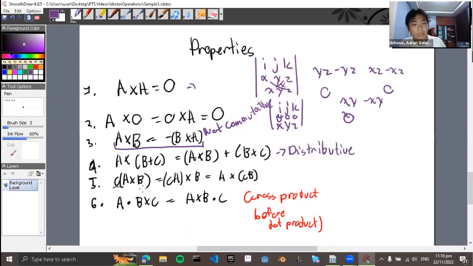You can also move around the scalar to group it inside of the different vectors. And finally, ito medyo special siya. A dot B cross C is equals to A cross B dot C. So when working with cross product and dot products, always do cross product before the dot product. Yeah, the cross product takes priority over the dot product. Remember that.